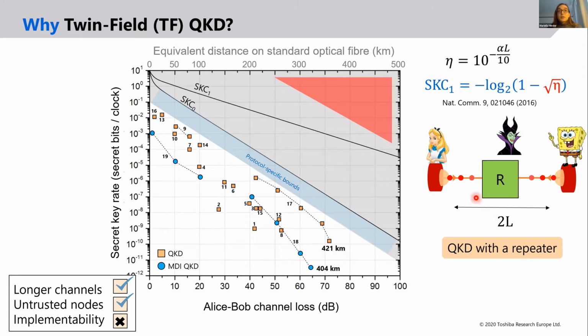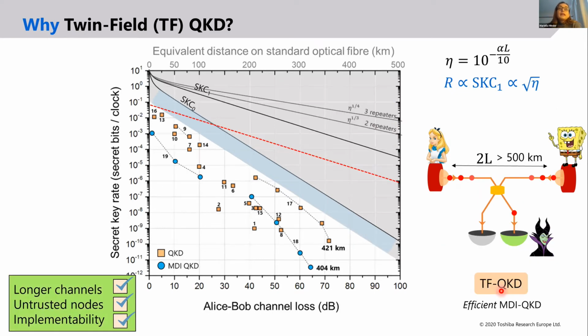So this means that a repeater is going to give us the chance to populate this region here with points. It also gives us an untrusted node. However, we are still not very close to having a really good system with a repeater, although we're getting closer given the recent advances with memory-enhanced QKD.